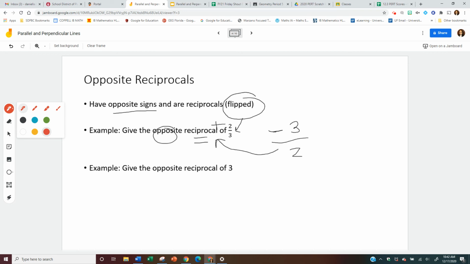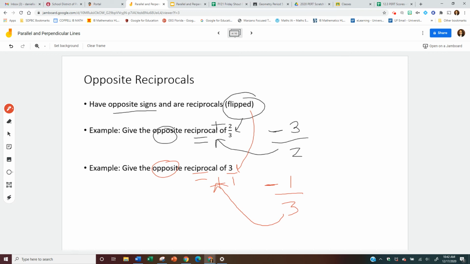Opposite reciprocal of 3: 3 is positive, so the opposite reciprocal would be negative. 3 can also be rewritten as 3/1. When I need to do a reciprocal, or a flip, I can flip it. So -1/3 is the opposite reciprocal of +3.